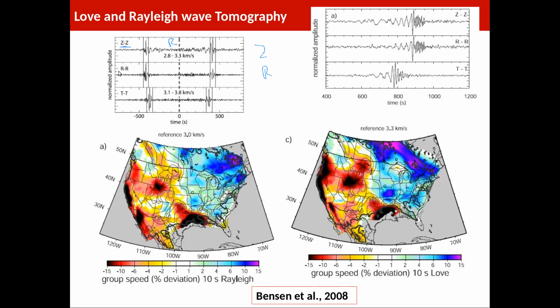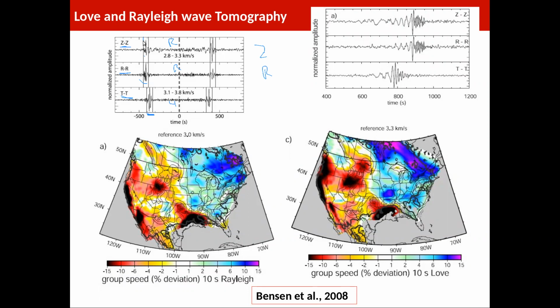And if we do the cross correlation between the two radial components, then again we'll get another Rayleigh wave. But if we do the cross correlation for the transverse component, then we'll get the Love wave. And it's interesting because now you see that the Love wave travel time occurs earlier. The Love wave travels faster than the Rayleigh waves, and this is the same information you get.